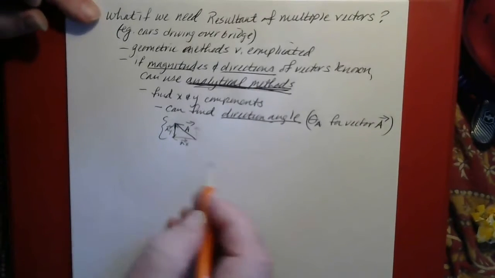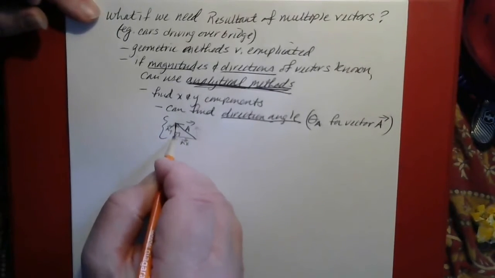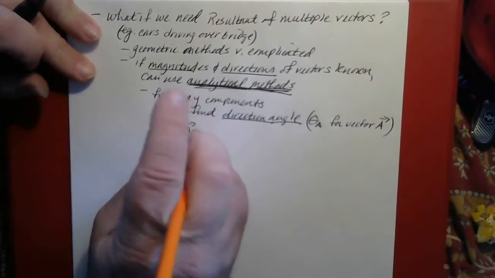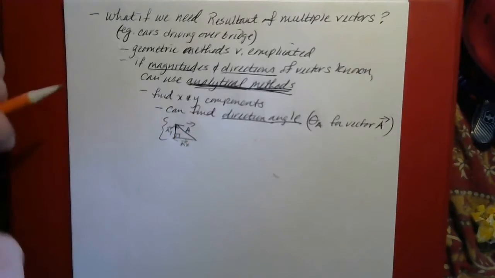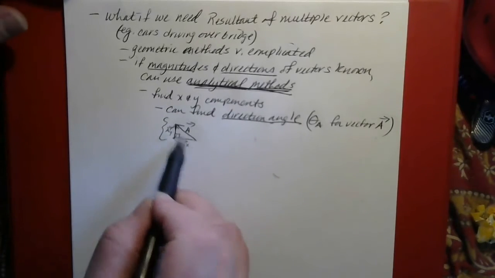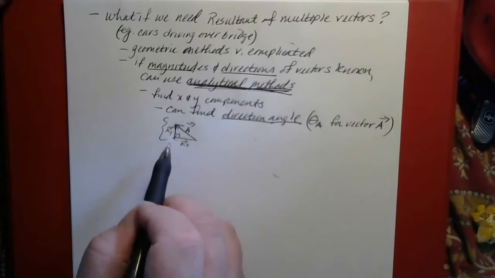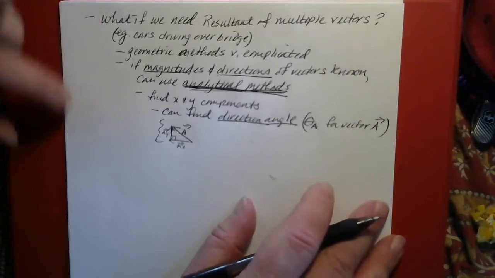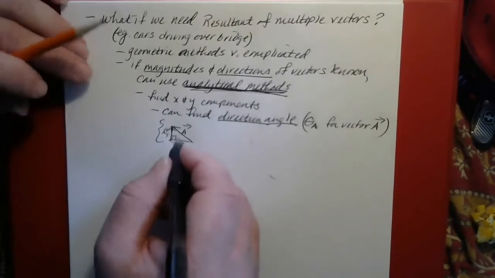And now you have a right triangle, and the geometric rules for right triangles apply. We saw before that using the Pythagorean theorem, you can find the magnitude of the vector, and you can still do that. Now we also have a way of finding the angle.